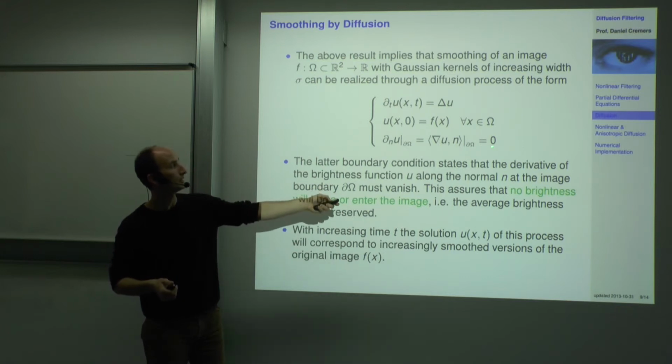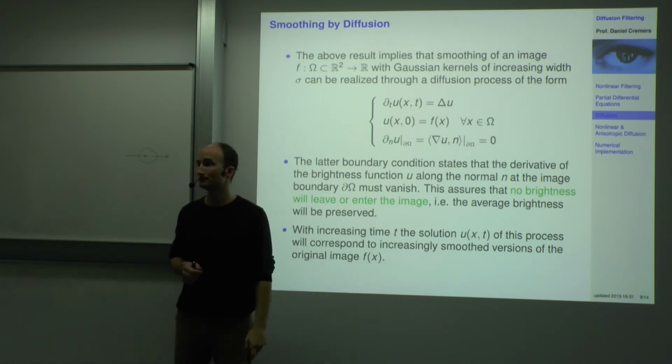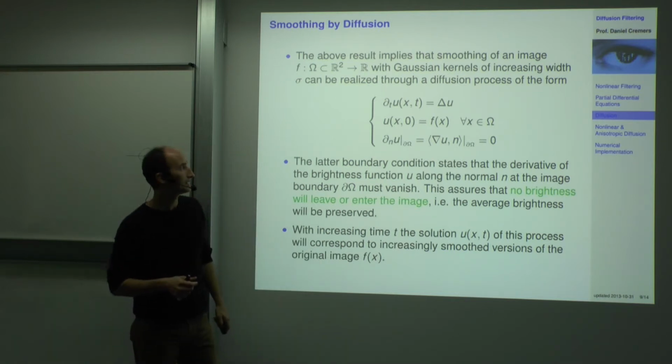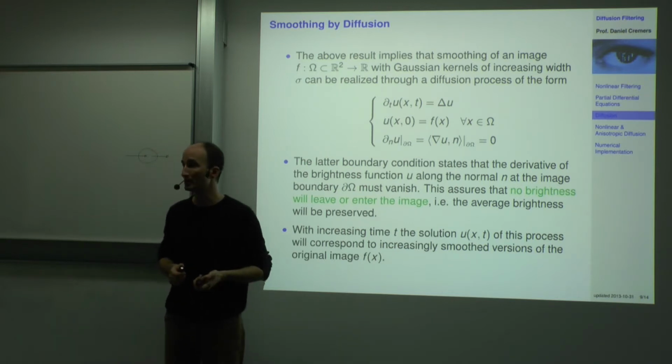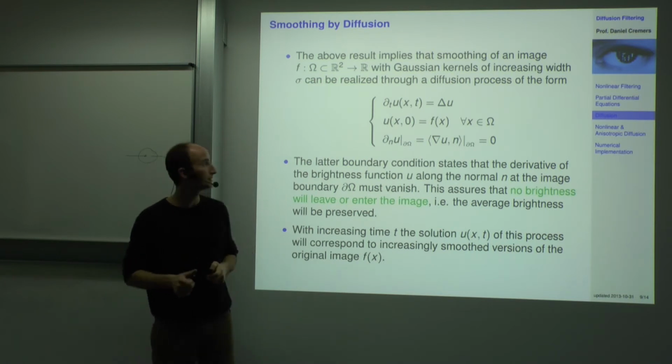What we do here in general, or typically, is to say the normal derivative of u is 0. That essentially means that there is no concentration leaving the image plane. And so the overall concentration in the image is fixed.